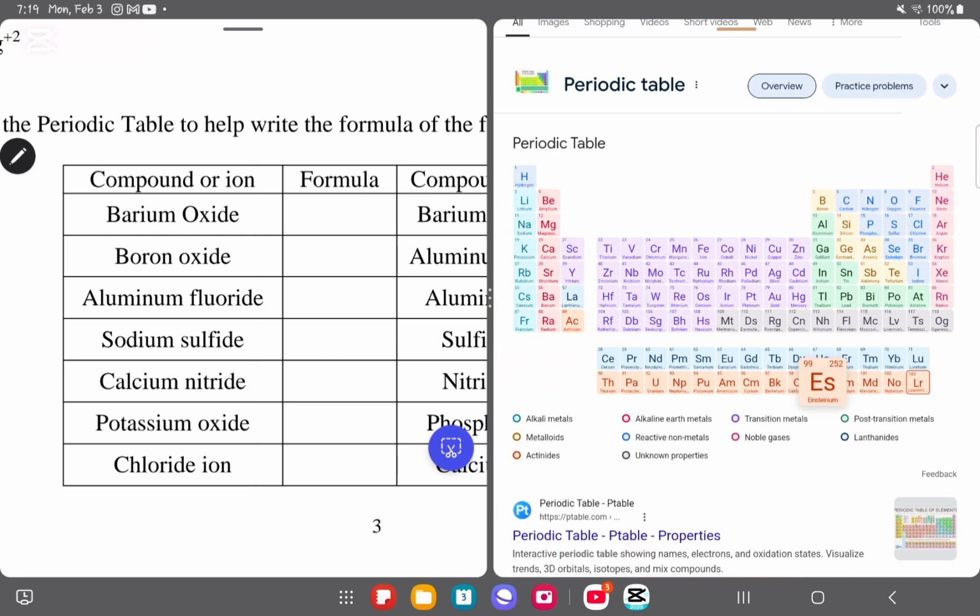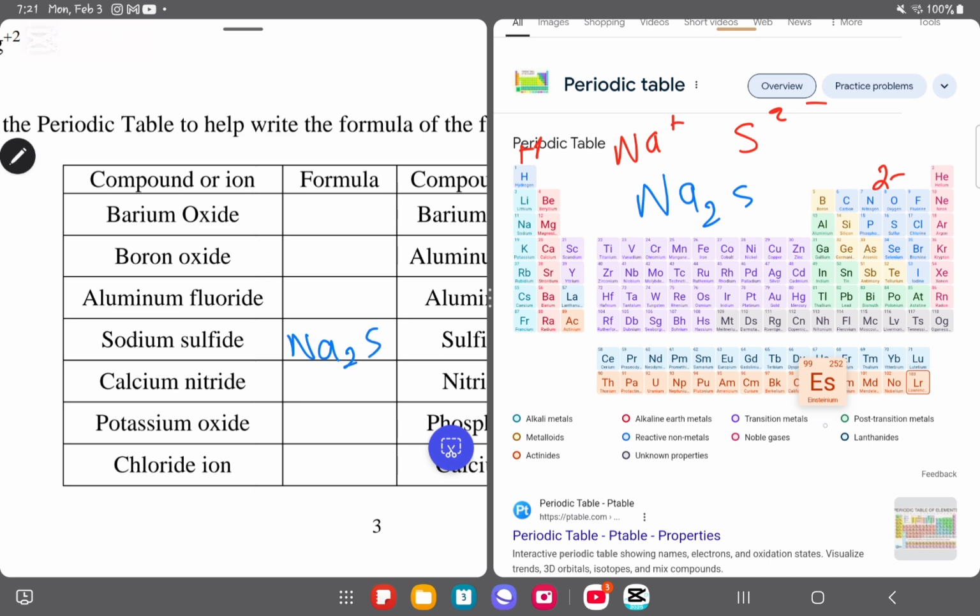So sodium is Na, it's gonna have a +1 charge, and sulfide is sulfur over here, so it has 2-. So it's gonna be Na+ S2-, do the crisscross method, and it's gonna be Na2S.